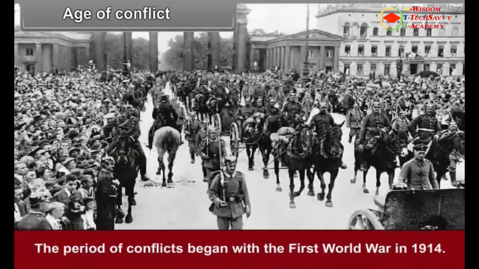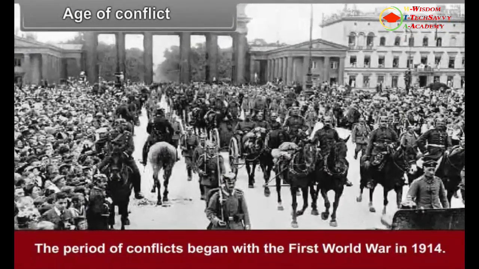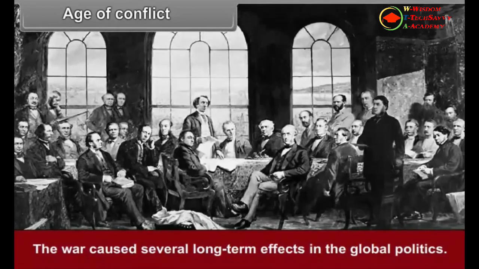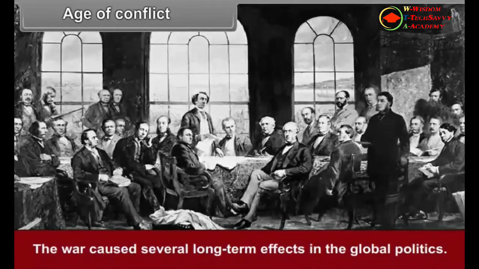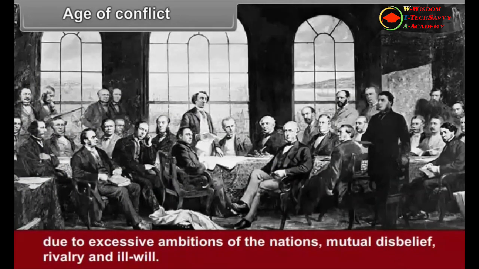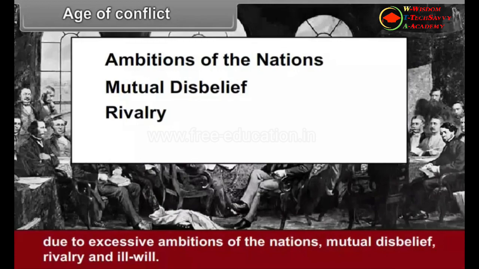The period of conflicts began with the First World War in 1914. The war caused several long-term effects in global politics. The situation in the European continent became explosive due to excessive ambitions of the nations, mutual disbelief, rivalry, and ill will.